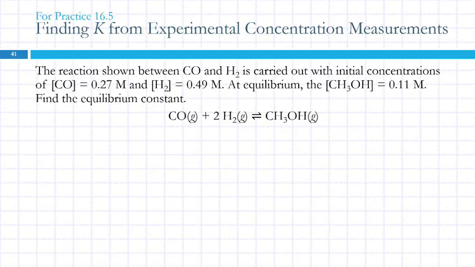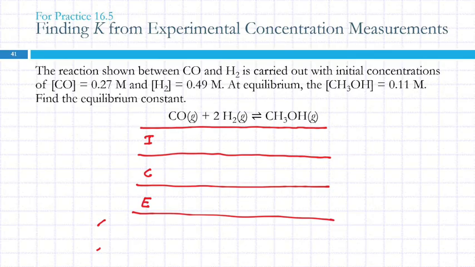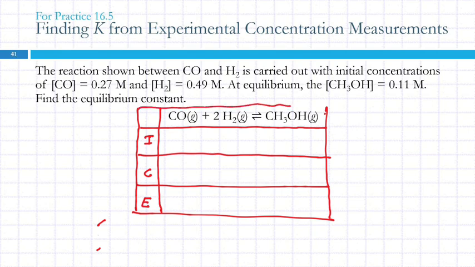We need an ICE table. So I'm just going to use the chemical equation here for the top of my ICE table. So this is my header row, and this is going to be initial and change and equilibrium. So I need separate columns for each of these.